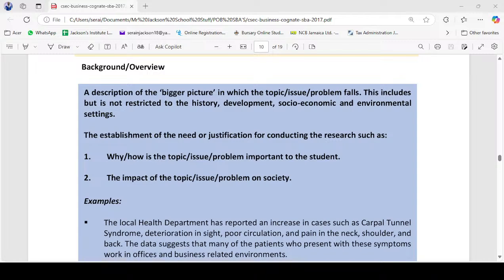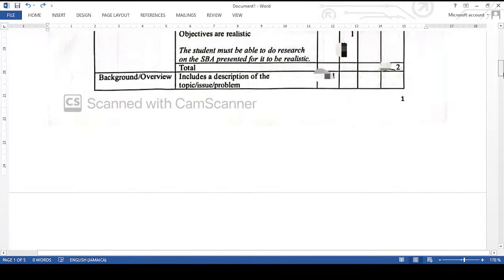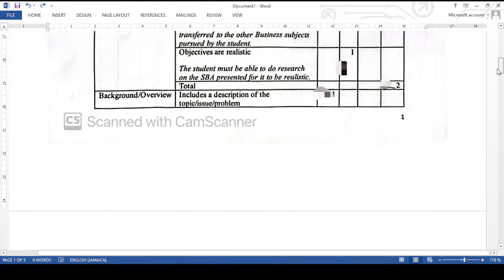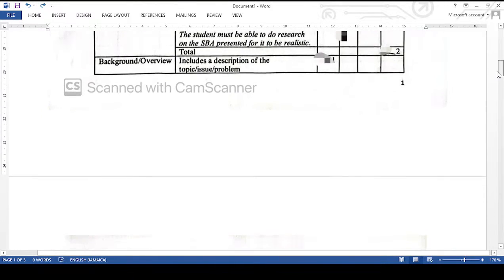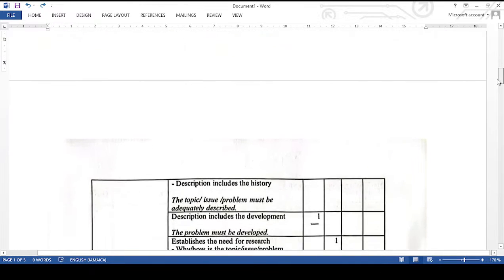All right. So if we look at the rubric, right? If we look at the rubric for the background, right? The background values 4 marks, right? So the background or the overview includes a description of the topic, issue, or the problem.